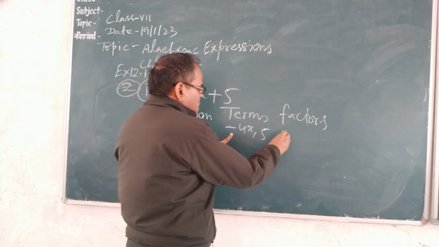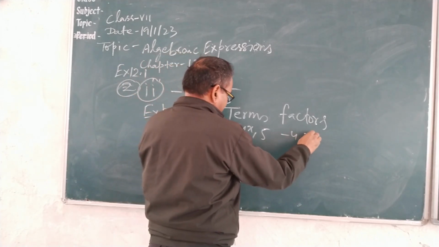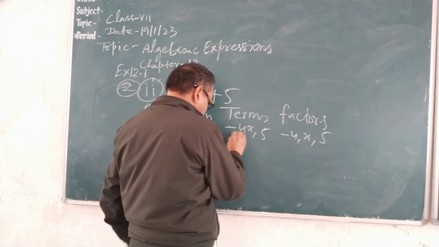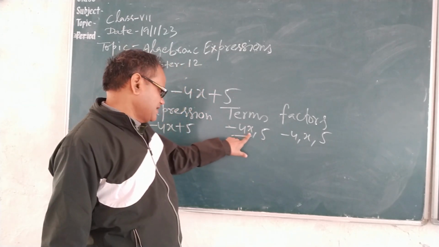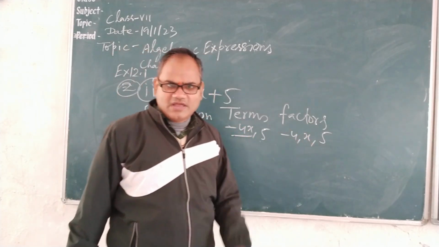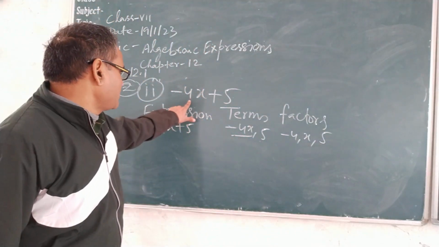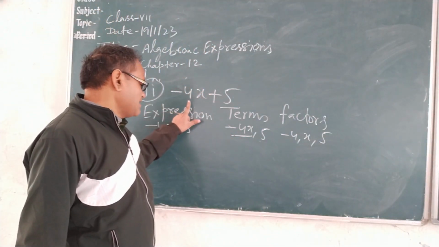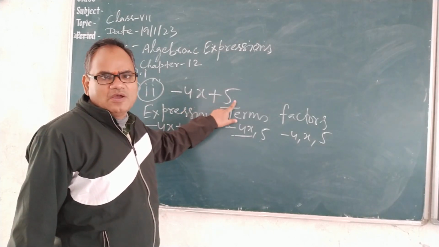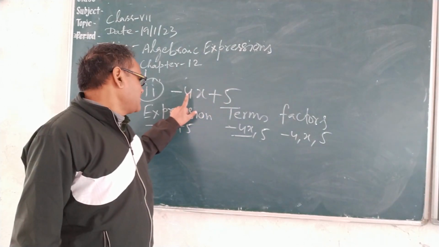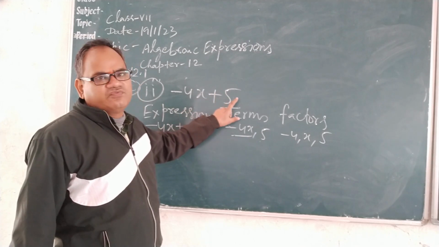Minus 4x means minus 4, x, and 5. These are the factors of minus 4x plus 5. Two terms it is having, minus 4x and 5. What are the factors of minus 4x? Minus 4, x. And 5.